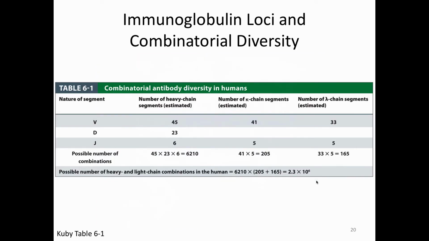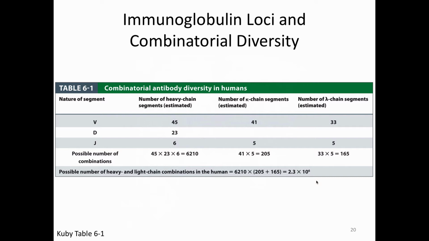If we look at the math of this overall, we have about 45 V segments for heavy chain. We have about 23 Ds and about 6 Js. If you multiply those together to get all the combinations, that's 6,210 heavy chains.